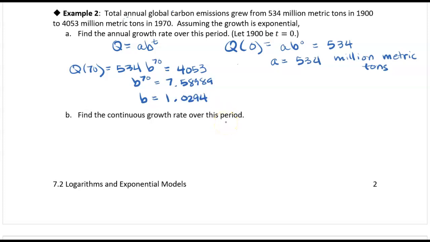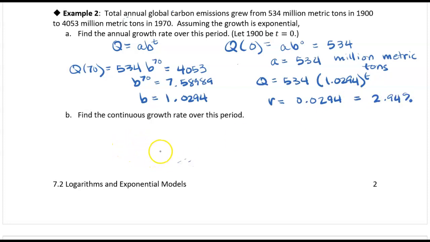And so now I know that my model is Q equals 534 times 1.0294 to the t, giving my r is 0.0294, or I could express it as 2.94%.